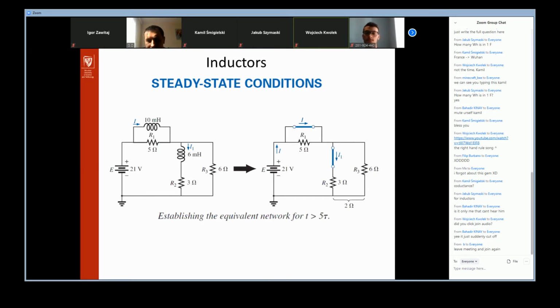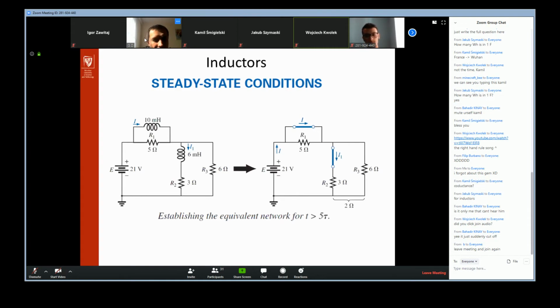We know that if we had the storage phase for the inductor, at the beginning we observed the induced voltage on this component, and as time goes by, the voltage goes down because the currents change so slowly. And finally, after 5 tau, we can say that we've got a steady state.